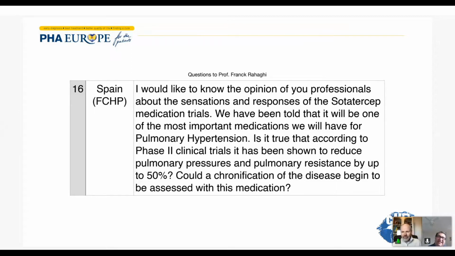Yeah, so we did address this to a certain degree, possibly, but remember, Flolan does the same thing. So it's not like suddenly we ran into something that is so amazingly different. Flolan changes the course of the disease. Flolan changes everything. So yes, it's exciting. And there's a whole bunch of them, not just sotatercept.